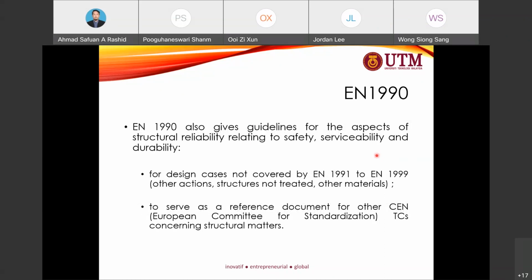Okay. For design cases not covered by EN 1990 to EN 1999, such as other actions, structures not treated, or other materials, it serves as a reference document for other CEN, the European Committee for Standardization, etc., concerning structural matters.